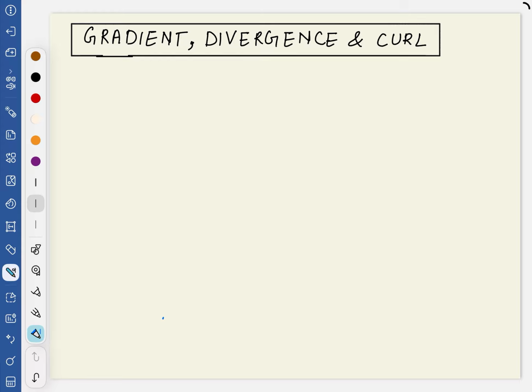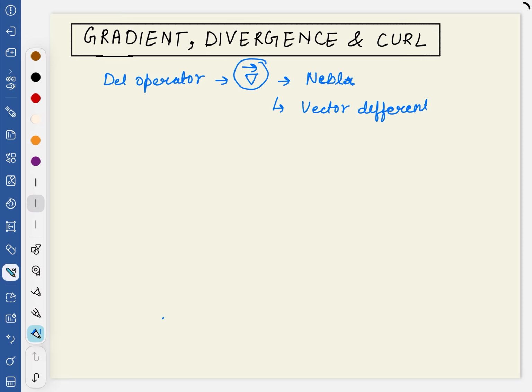Del operator. Del operator, which is shown by this symbol, inverted triangle, is also known as nabla operator, or simply nabla. This is a vector differential operator.